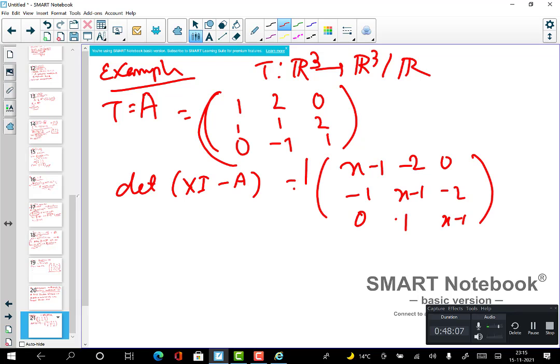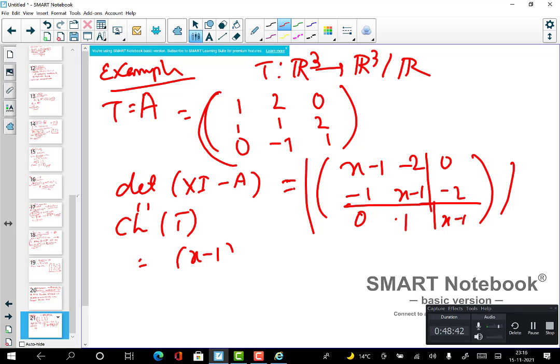The determinant of this matrix is the characteristic polynomial of T. Since the characteristic polynomial is x minus 1 whole cube, obviously you can ask what the minimal polynomial is.